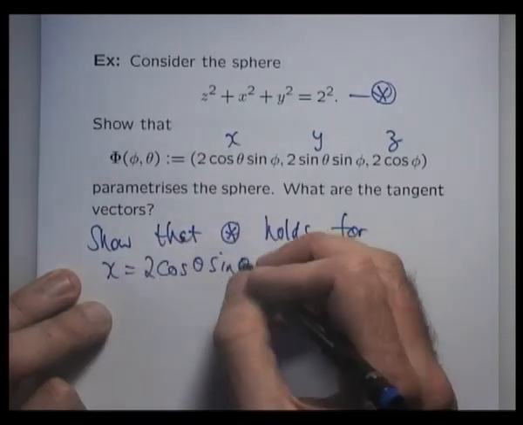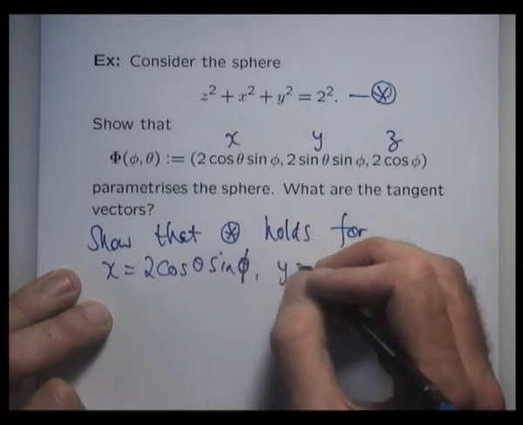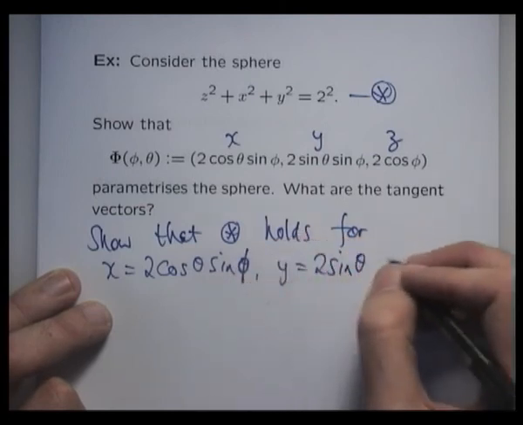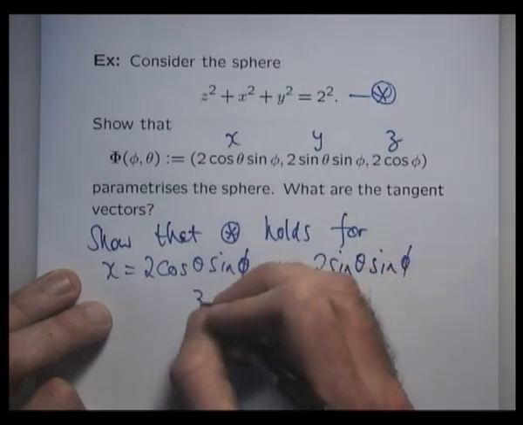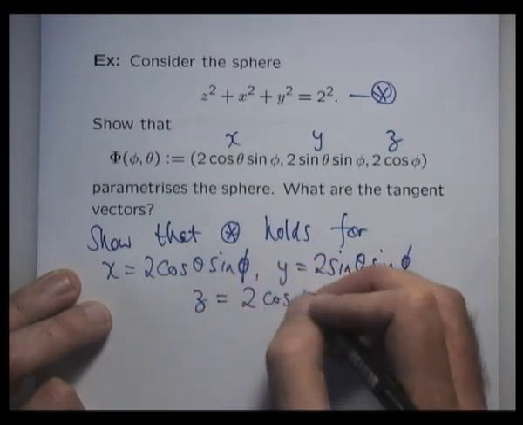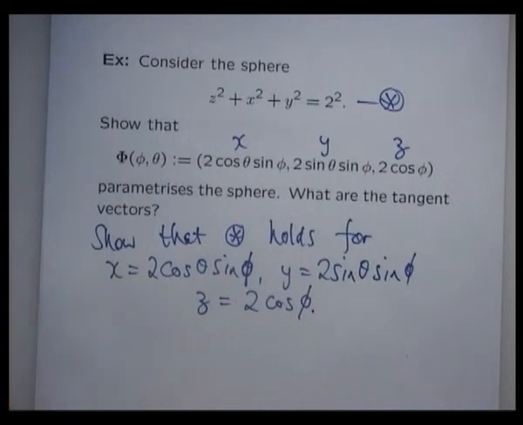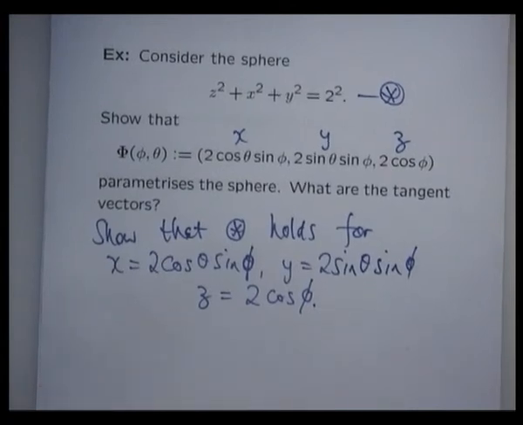So I invite you to do that on your own. All right, the next question is, what are the tangent vectors? Again, just take the partial derivatives as you would.